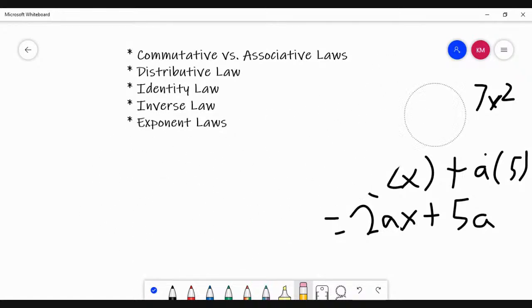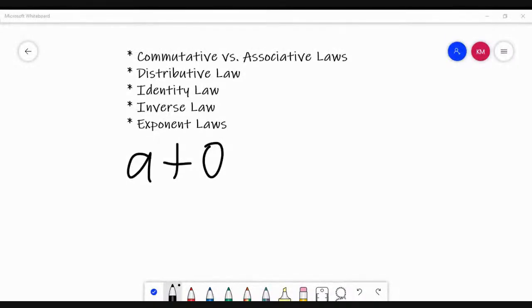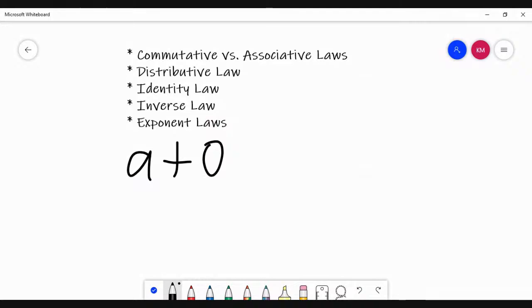All right, class. Moving on to the next law and property, which is the identity law. Identity law is, if I'm adding a to 0, it equals a.